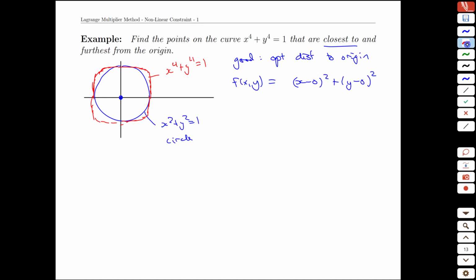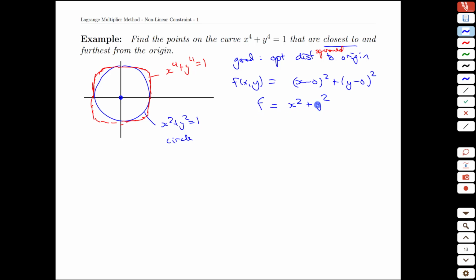But we've seen this before as well, where we can look at the distance squared, and what that does is get rid of our square root in our calculations here. And the points that are the closest distance will also have the closest distance squared. And likewise, the points that are furthest in distance will have the furthest distance squared. And the reason we like doing that is because it makes our function a lot simpler to work with.